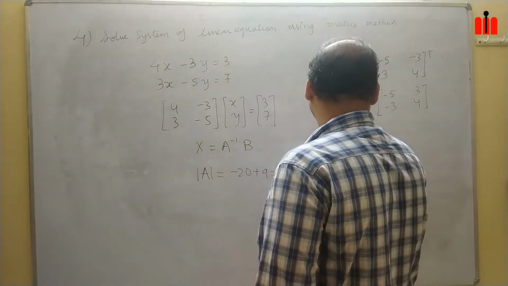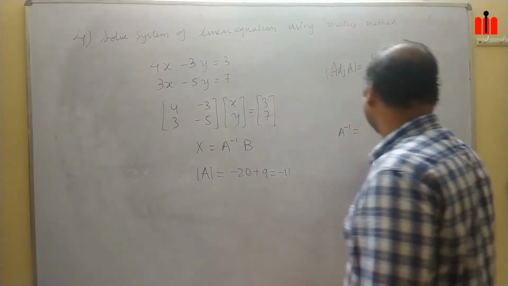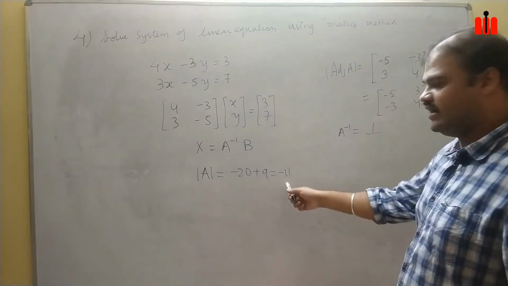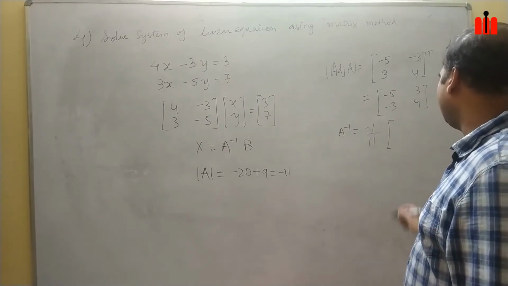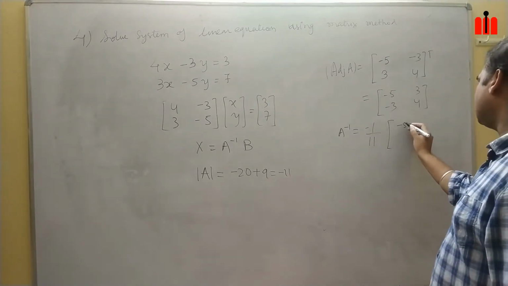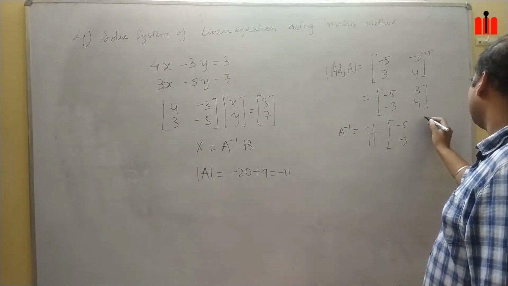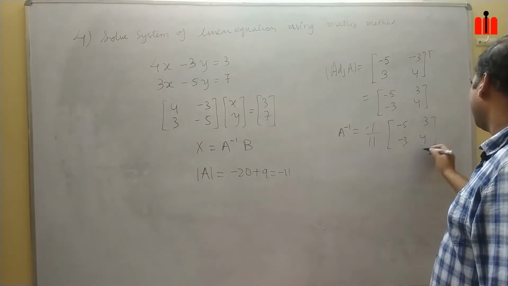What will be my A inverse? My A inverse is 1 by det A. Det A means minus 11. So it will become minus 1 by 11 into adjoint A. Adjoint A is [-5, -3; 3, 4]. Okay.